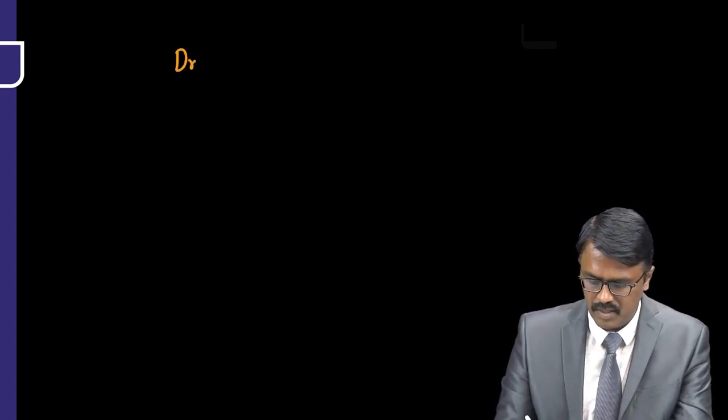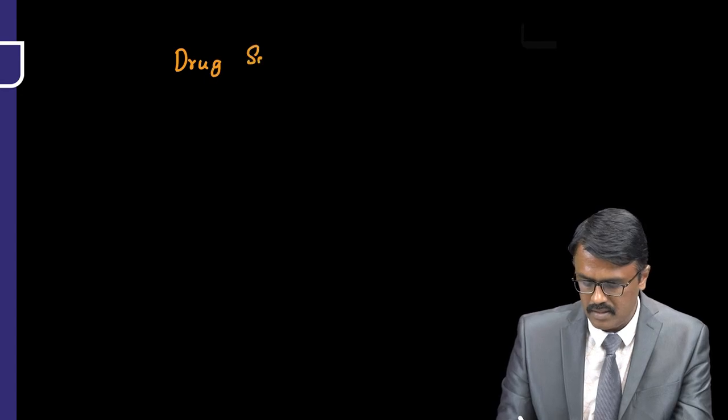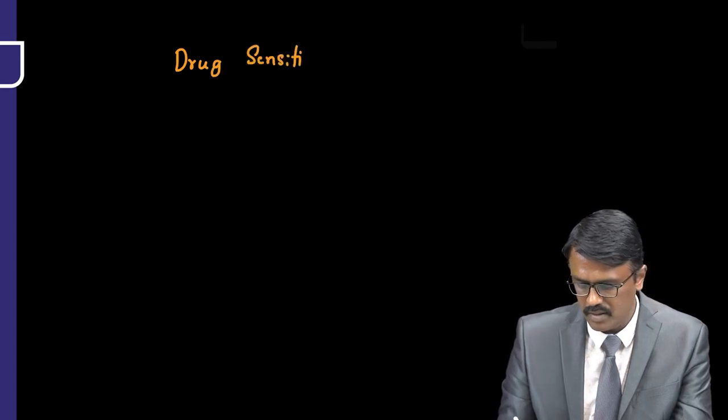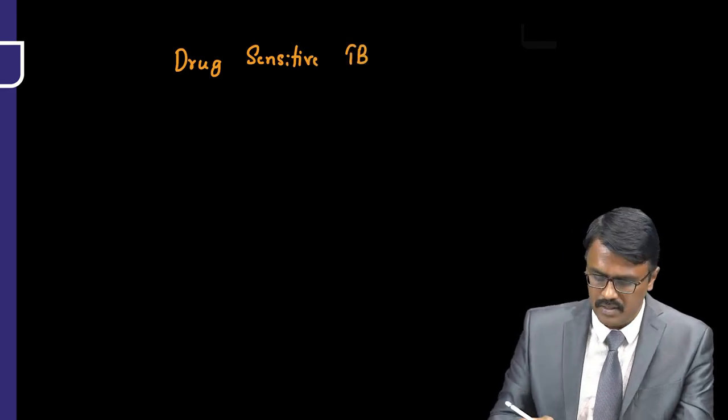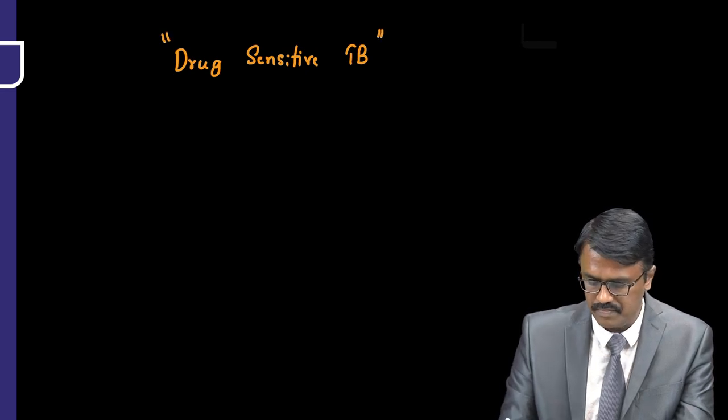Now, if all the first line drugs are working, mainly H and R, so if there is no resistance problem, we consider it drug sensitive tuberculosis. There is no category like category 1, category 2. Now it is considered drug sensitive TB.